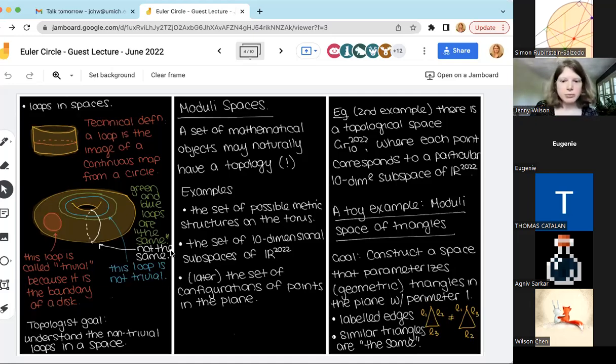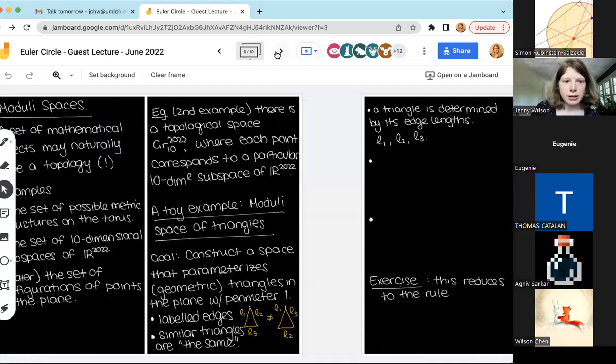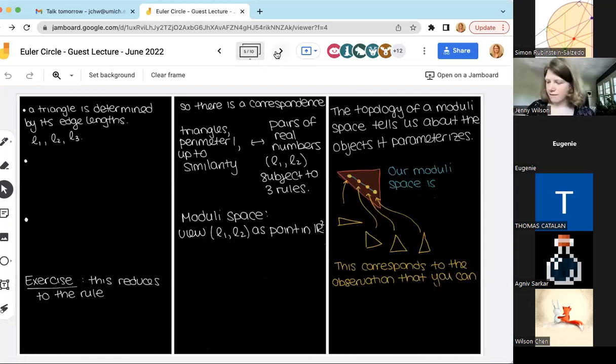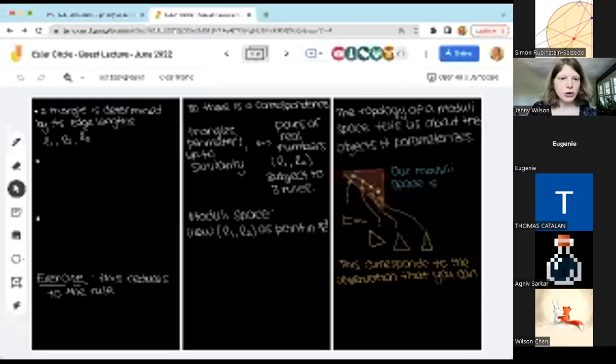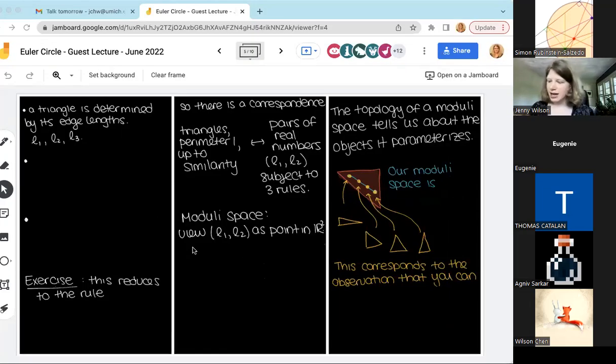Okay, so let's move on to slide number 5. All right, so I think a fact that you maybe believe already is that a triangle in the plane is determined by its edge lengths.